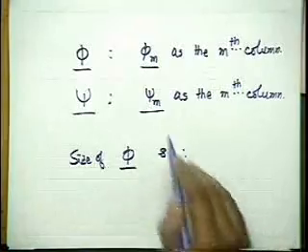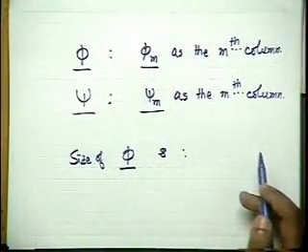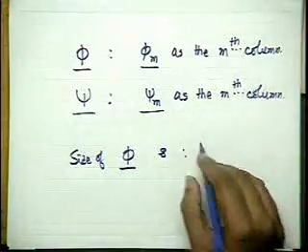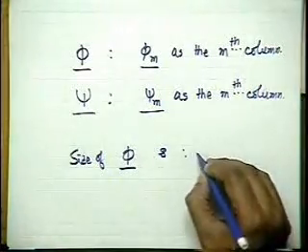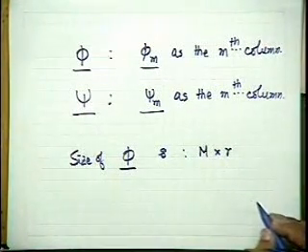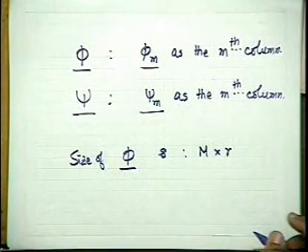Obviously there are r such eigenvectors, and each eigenvector has m elements. Phi m is the mth column, so the size of phi is going to be m by r. Psi will be the nth column.